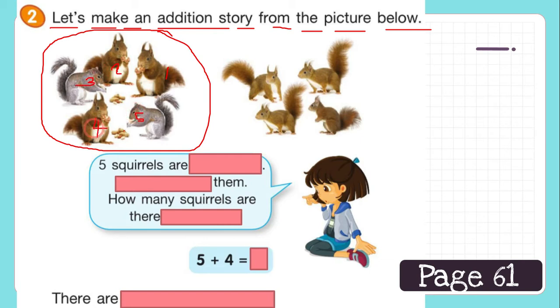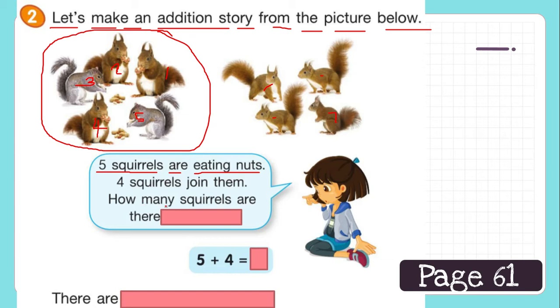So we have five squirrels. What are they doing? They are eating nuts. So you can say, five squirrels are eating nuts. And then one, two, three, four. Four squirrels joined them.